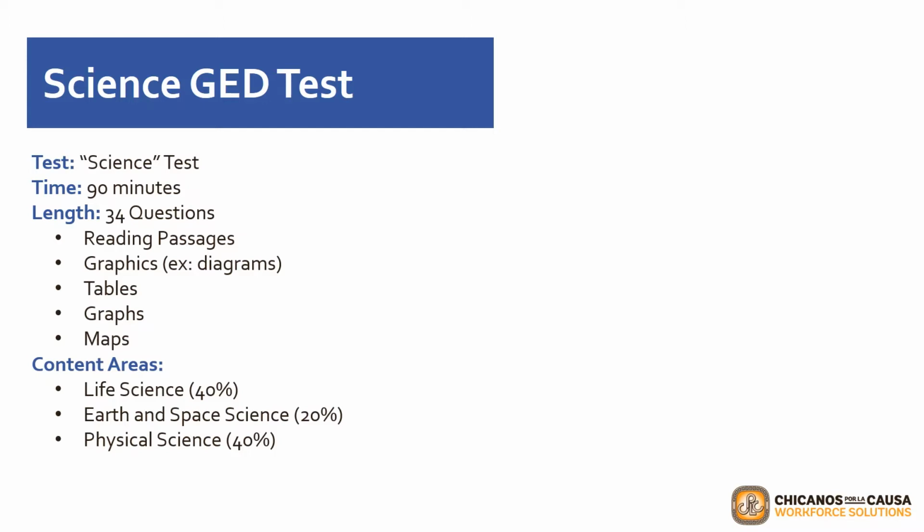Now, the content areas will cover a range of different topics and will utilize a range of scientific tools and practices, all of which are covered in the Kaplan book.